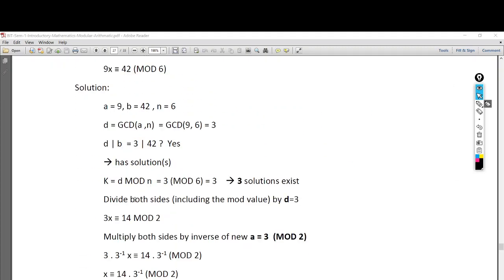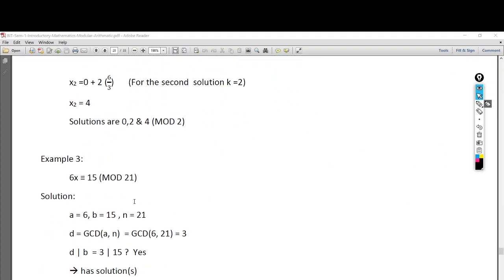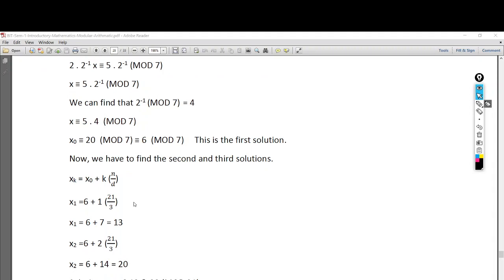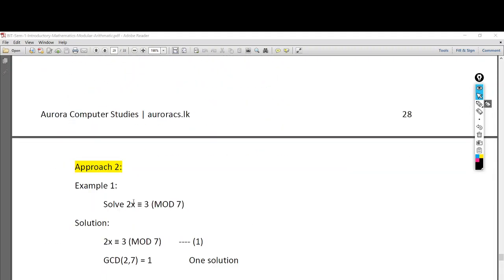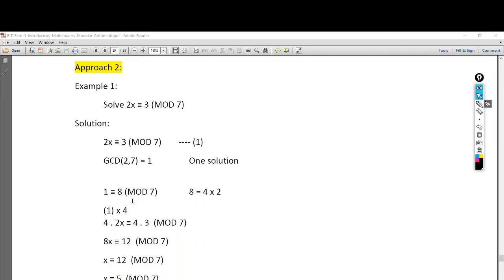This is for the curious mind, just to understand a little bit of how this approach came. So let's do it in a different way. Of course, in the exams you can do the previous approach, especially if you have big numbers, because this approach needs a little bit of guessing also, but this is a more systematic, more practical approach.